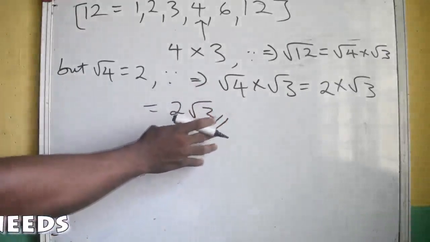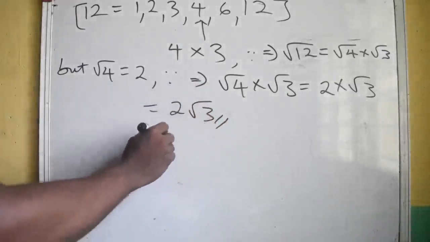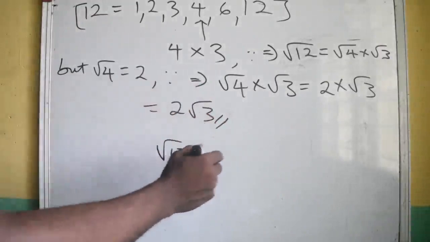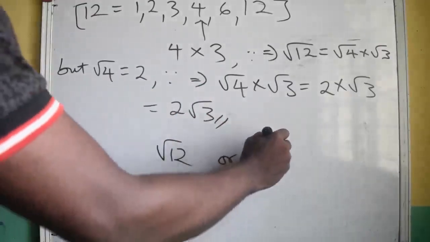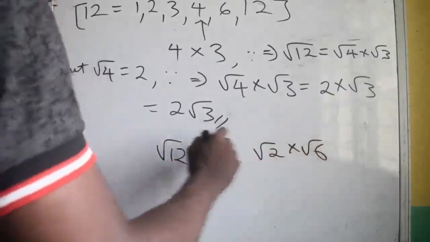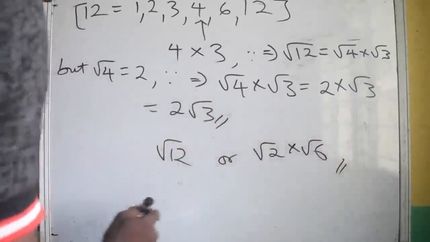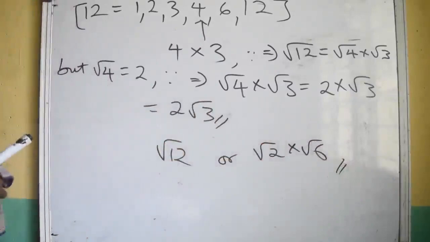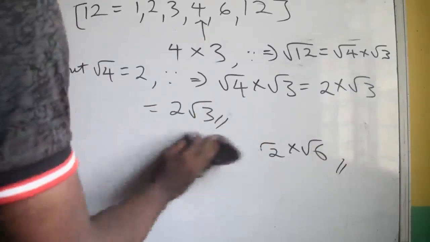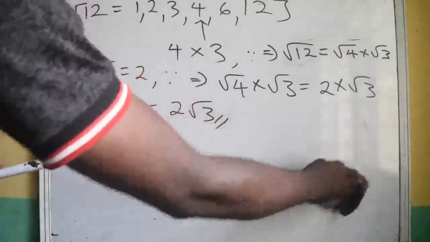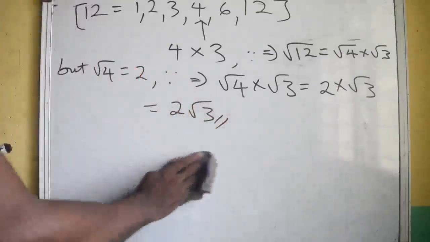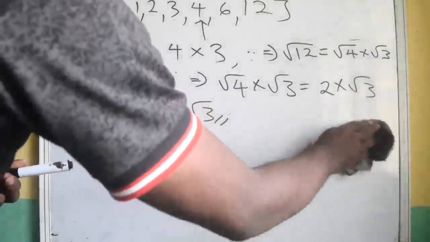If you punch this on the calculator, and also punch root of 12, or you punch root 2 times root 6, everything here will give you the same thing. So you have to be very smart and know how to go about this. In case you have not watched the introduction to surds, please do yourself good and watch that on my YouTube channel.